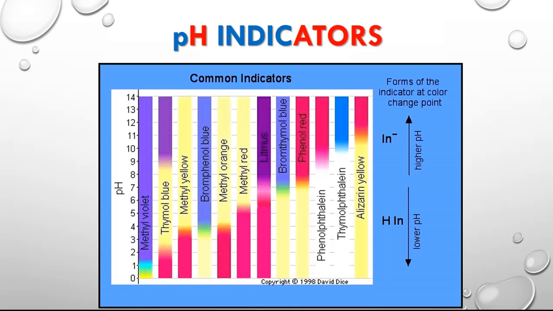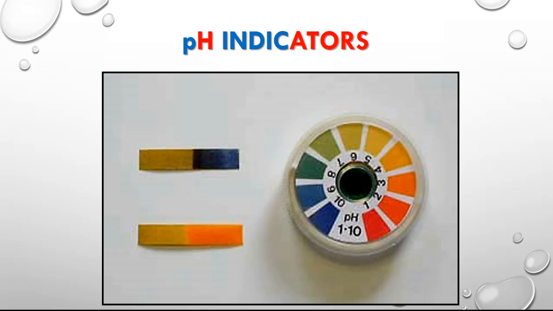For methyl violet, if you can see here, it can only specify for acidic, it's yellow, and then you have blue green here, so forth. So these are common indicators and the change of the color. This is an indicator here.